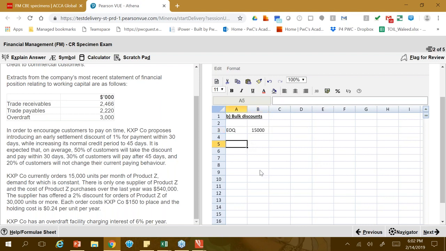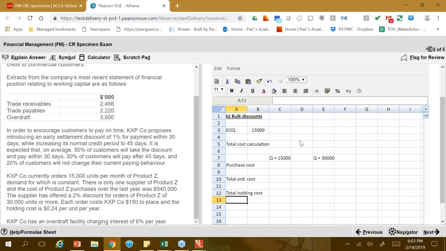Now, what we need here is the total cost calculation, and we need to do it in 2 scenarios. The first scenario is if Q is 15,000, and the second scenario is if Q is 30,000. We are going to work out the purchase cost, the total ordering cost, and the total holding cost.